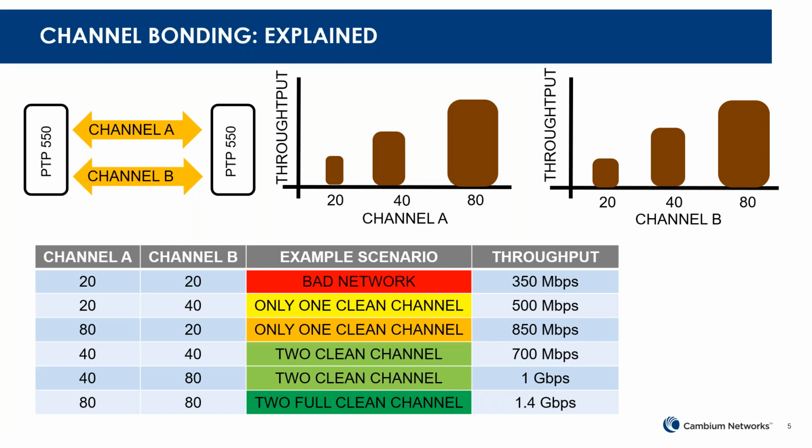Of course, if you're running the highest capacity, you will be running two of the 80 megahertz. The lowest would be two of the 20 megahertz. So the throughput on the top modulation mode is from 350 megabits to 1.4 gigabits aggregated.